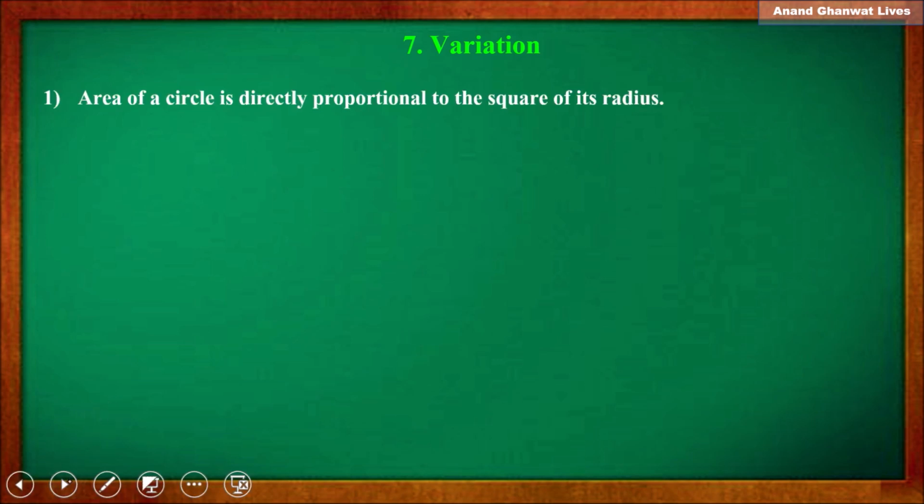First example: the area of a circle is directly proportional to the square of its radius. The area of the circle is A, and it is directly proportional to the square of the radius. R is the radius, so the square of the radius is R square. Therefore, A is directly proportional to R square. This is the relation between the area of a circle and the square of its radius.